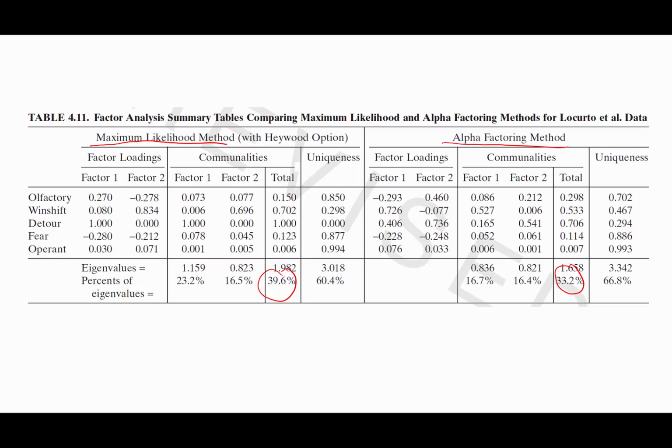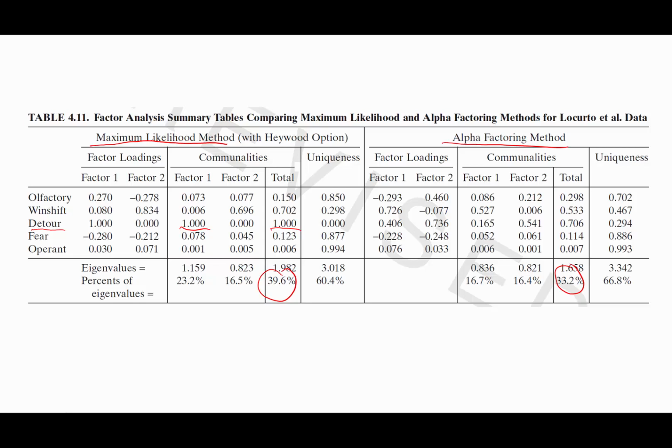Make a note, in the maximum likelihood method with the third variable detour, we have a communality of 1 here, which is just interesting. You don't see that too often, showing that factor 1 accounts for all of this variable detour here.